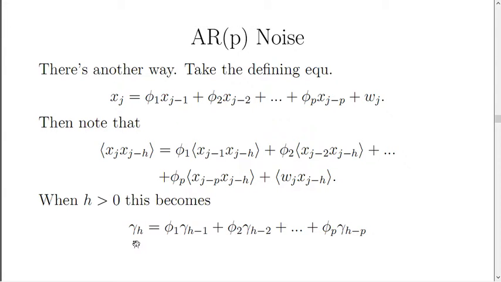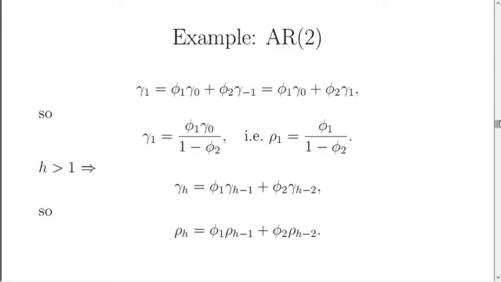The autocovariance at lag h is the sum of the constants times the autocovariances at lags different from h, in fact, smaller than h. It's very similar to our actual autoregressive process equation, except we're not adding white noise on the end because the autocovariances aren't random variables, they're just properties of the AR process.